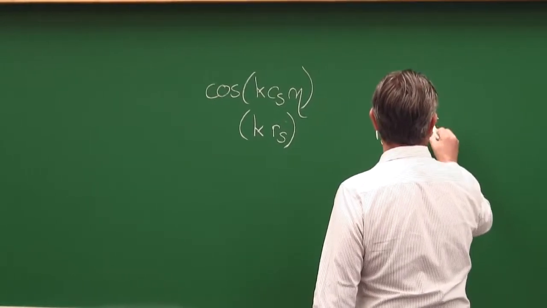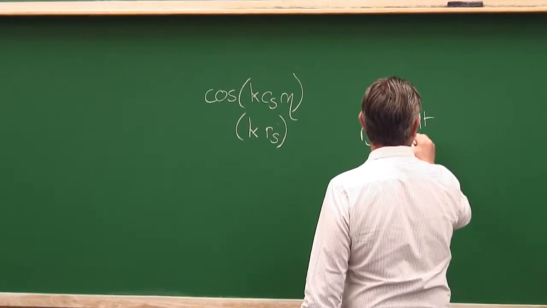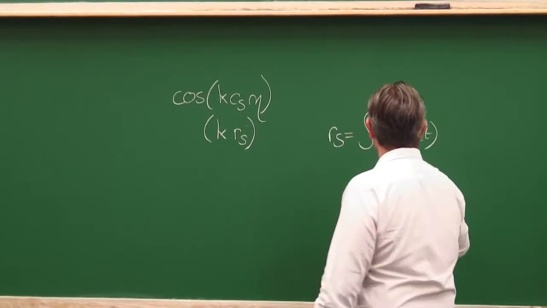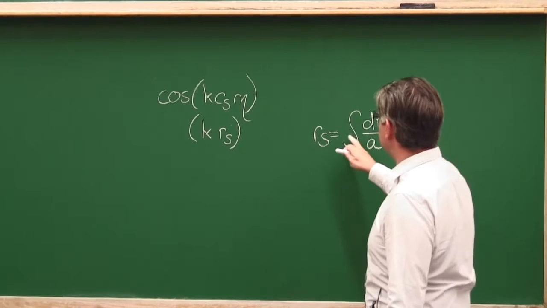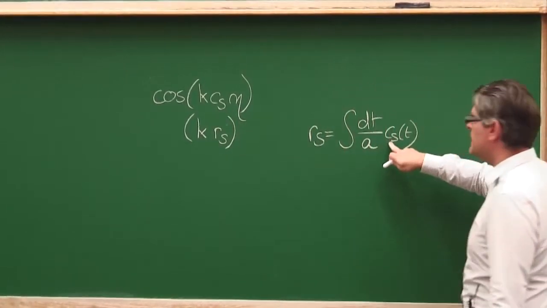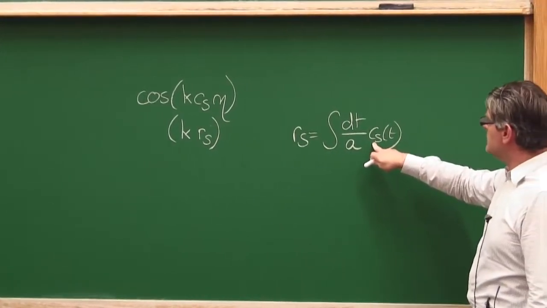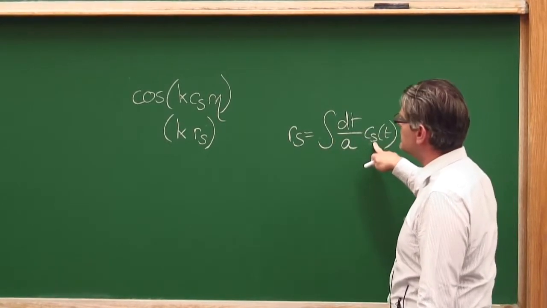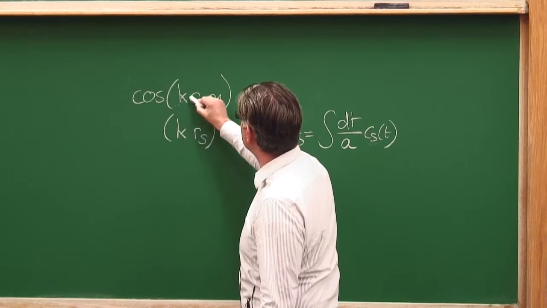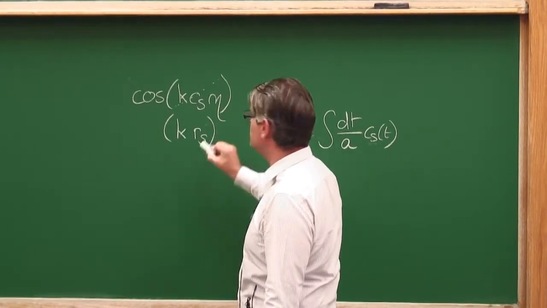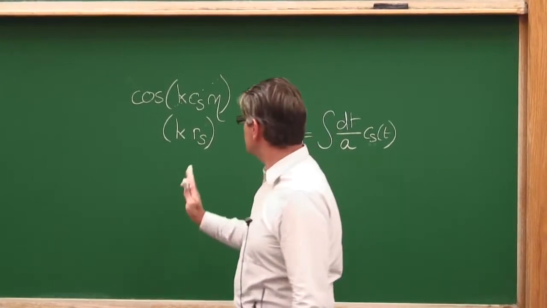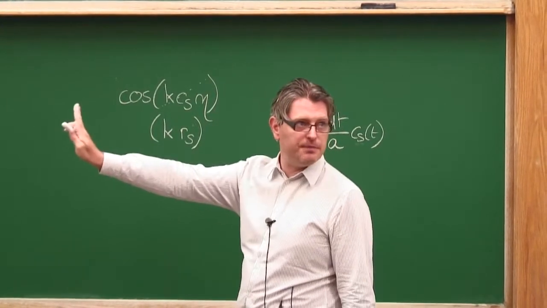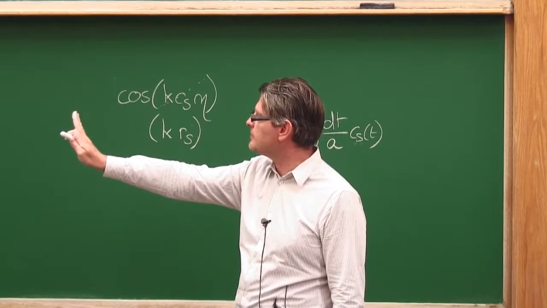RS is the integral of dt over A times CS of t. You get from here to here in the limit in which CS is nearly constant. In this case, you can factorize it out, and this is eta. If CS is not exactly constant, this is only an approximation of the true result, which would be K RS. So really, it is this scale which controls where you find the peak in Fourier space.